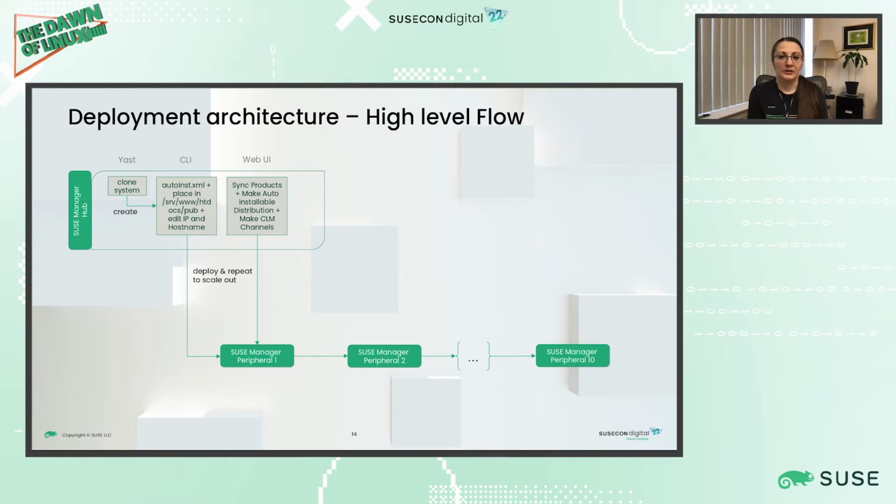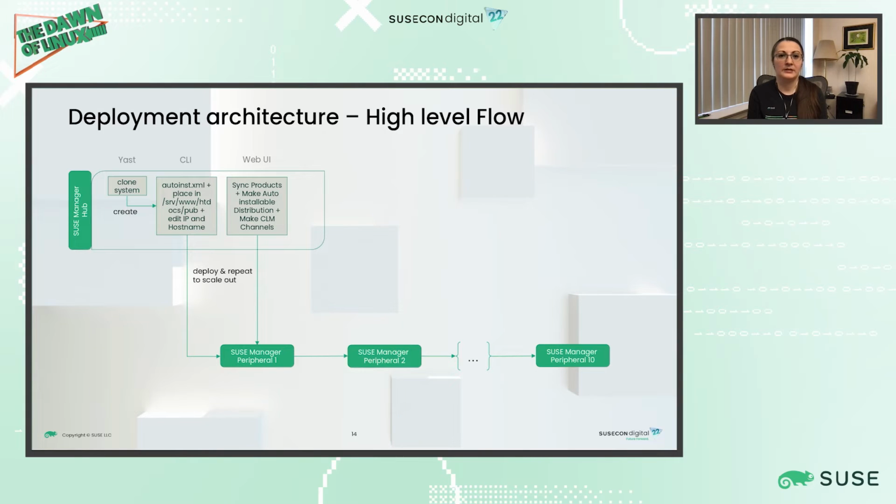As a first step to the deployment architecture high-level flow, there are the components on the SUSE Manager Hub, just like on any other SUSE Manager, that can be used to create a clone of the system that we just installed, the hub, using YaST. We can use YaST clone system that will generate an autoinst XML file.